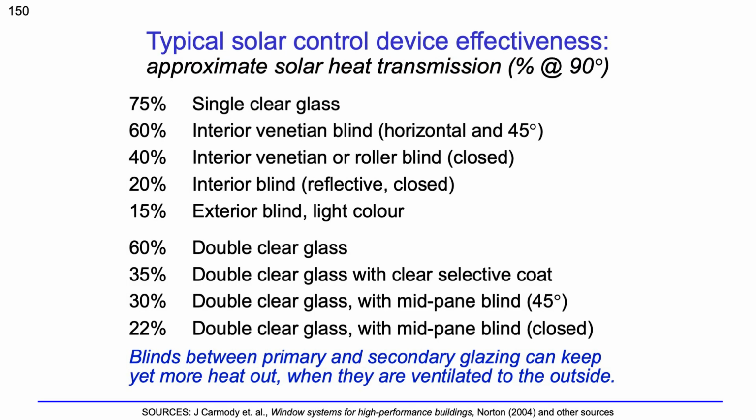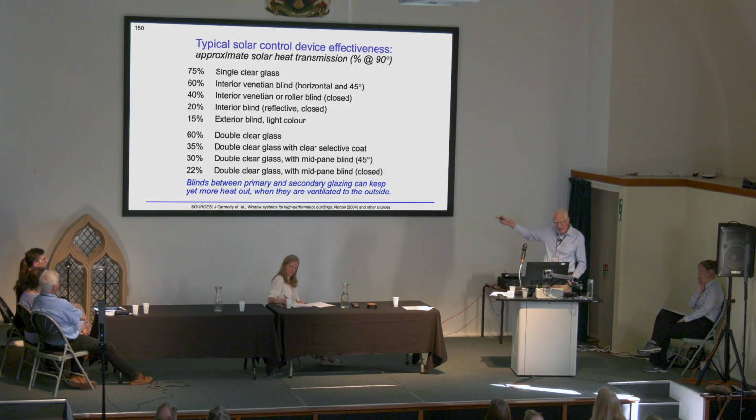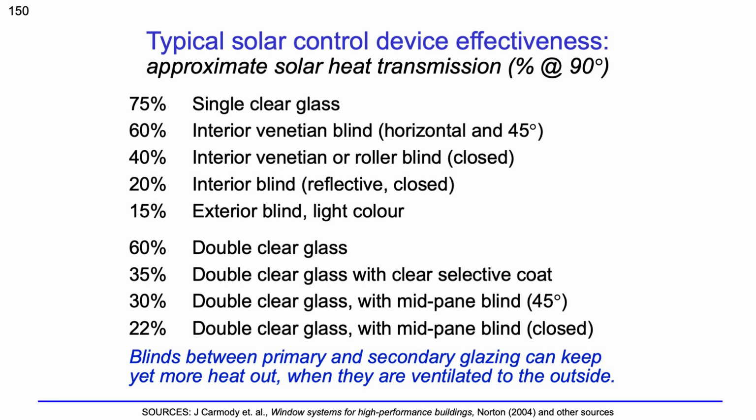Essentially, what you get as a sort of rough rule from some work done, I think in Berkeley, is that you start off with direct normal incidence, when it's going through the center of the glass at 90 degrees. If you start going to summer high sun, then 2/3 of it bounces off and much less goes through.